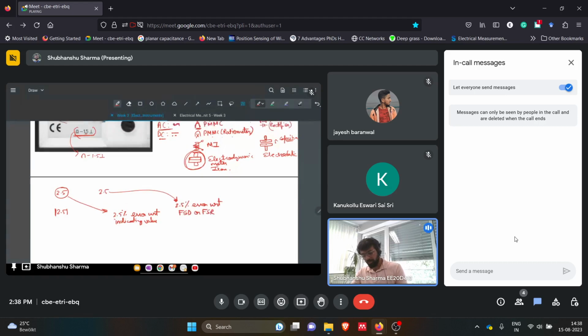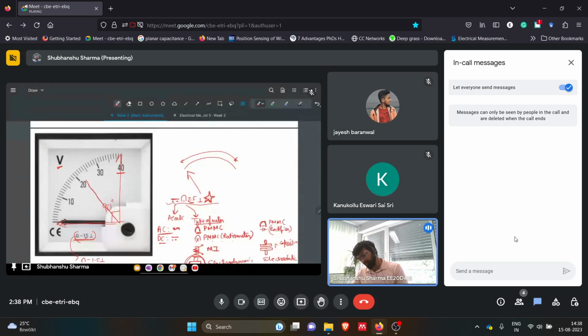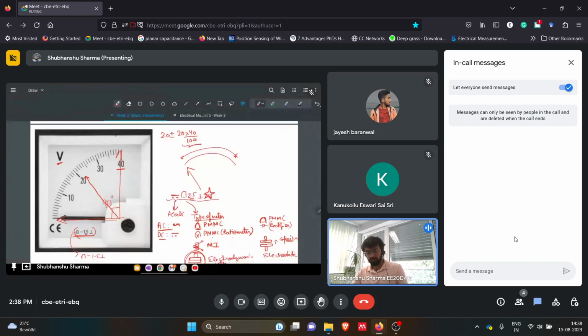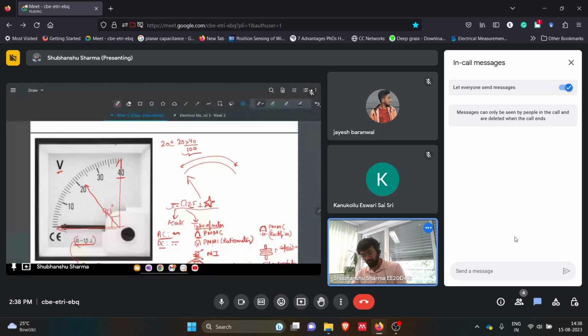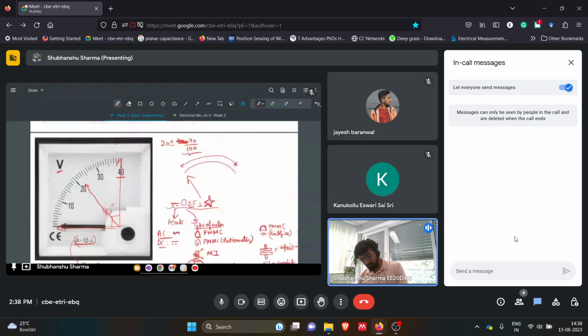So if we have a full scale reading of 40 here in this case, and let's say this meter is measuring something near 20, the actual reading will be 20 plus minus the error. So 2.5 is the percentage error of full scale.